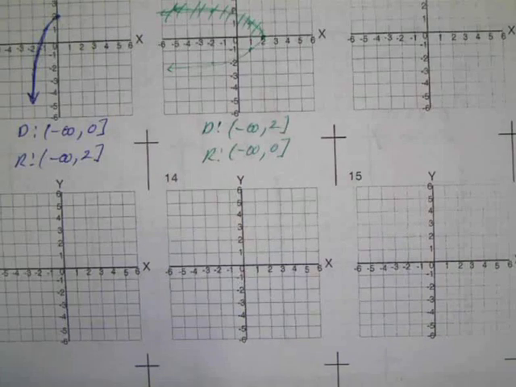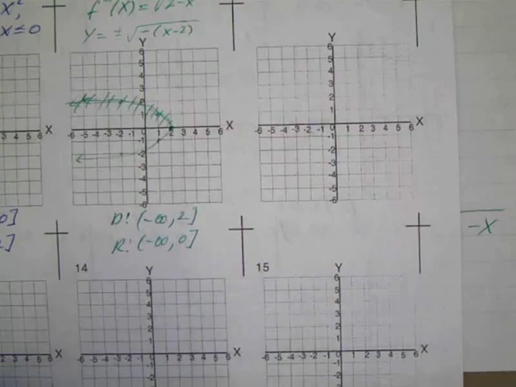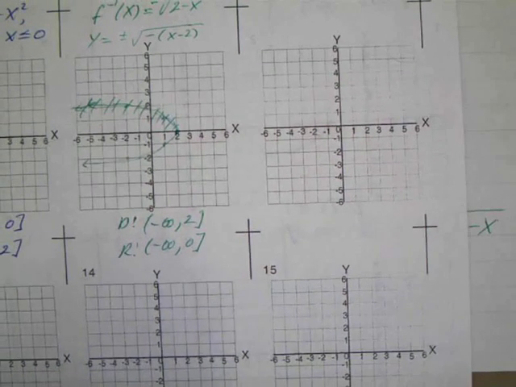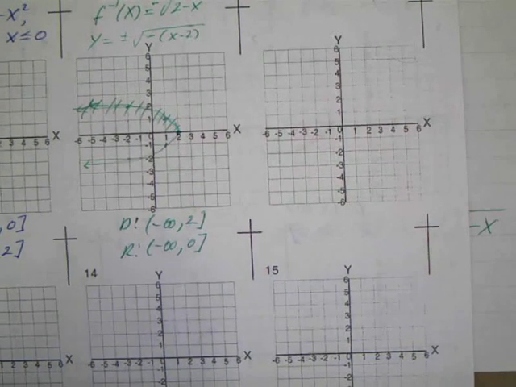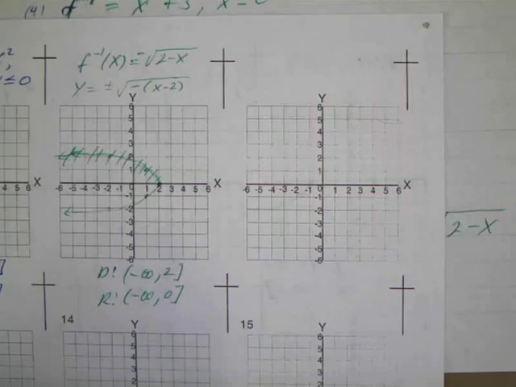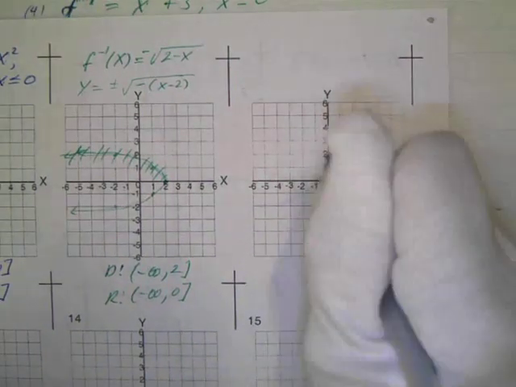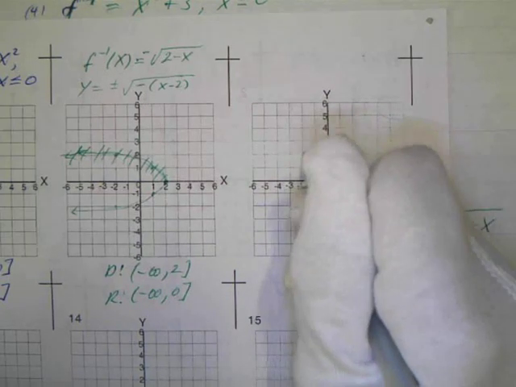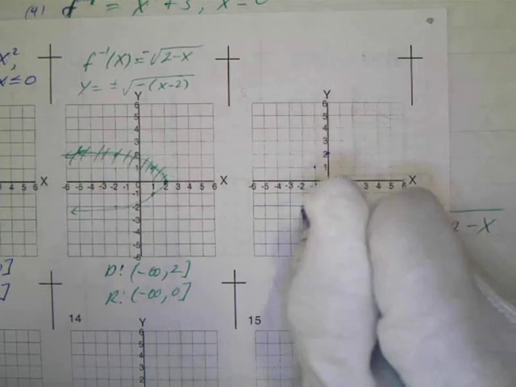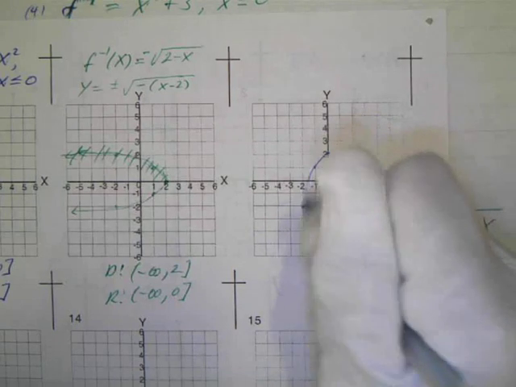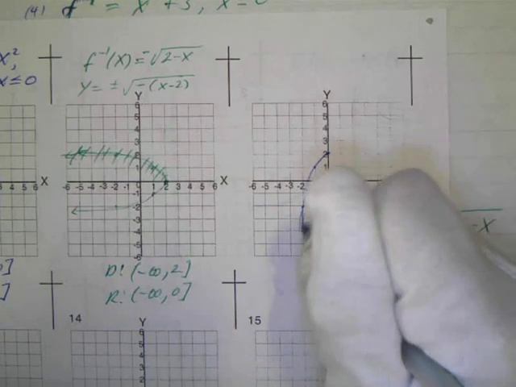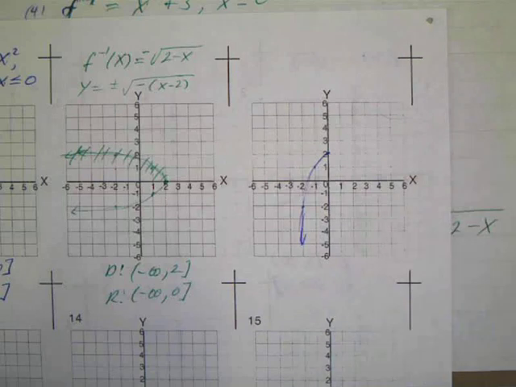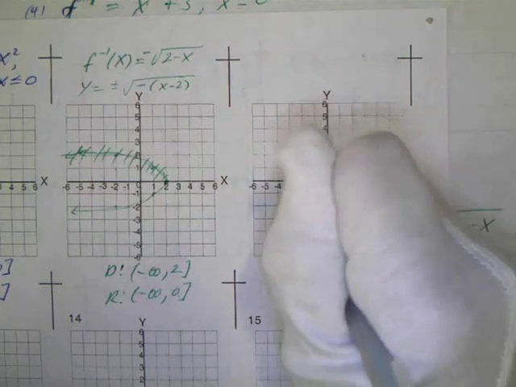Okay? So now we graph both of these on the same axes to check for symmetries. This is my original f of x. Goes something like that. So that's f.